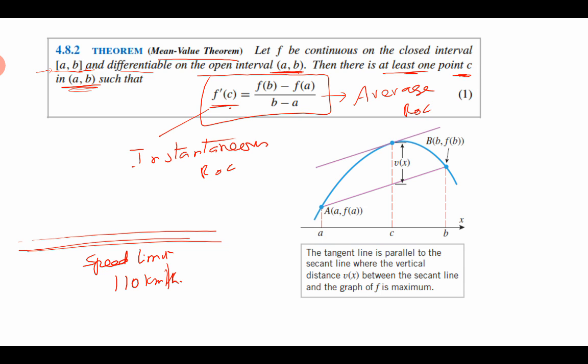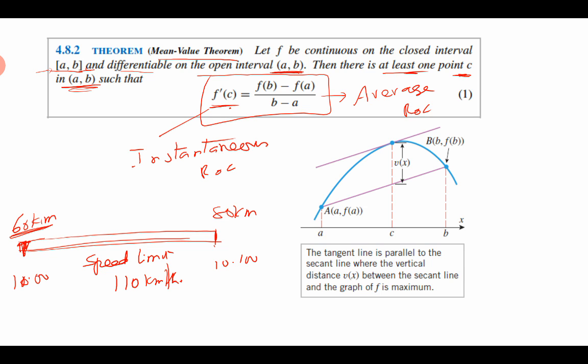At this point, at 10 o'clock in the morning, you have traveled 60 kilometers. Now you are reaching this stage, and you have traveled a total of 80 kilometers by 10:10.